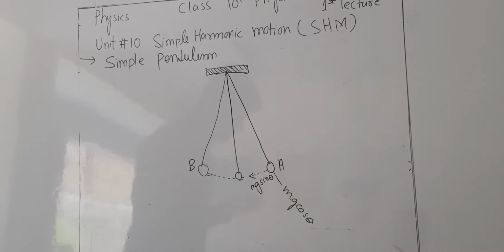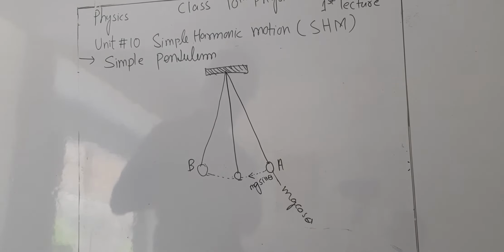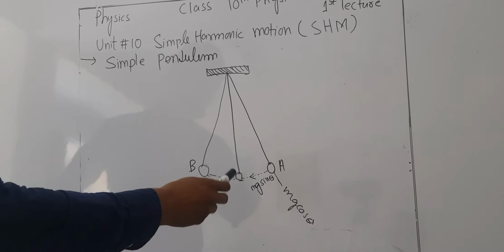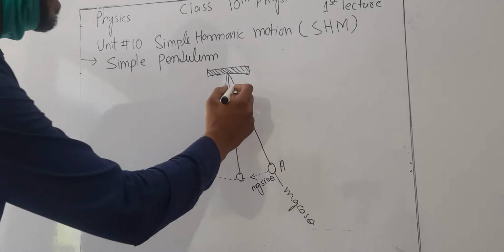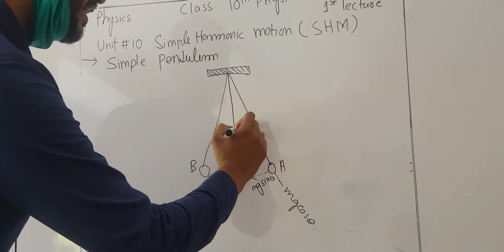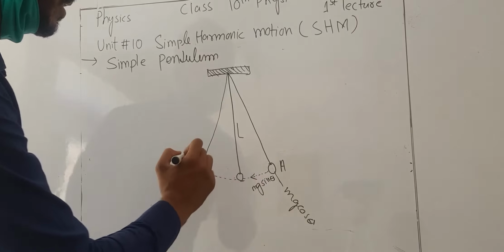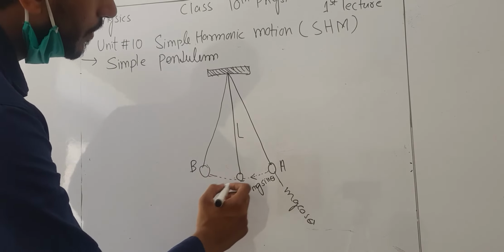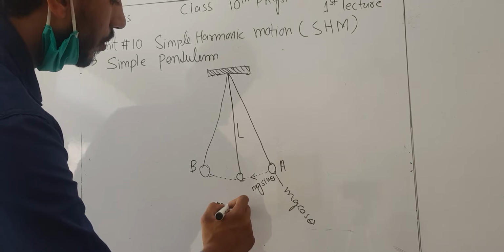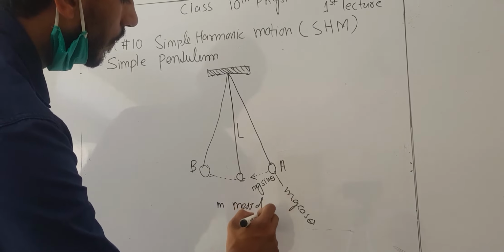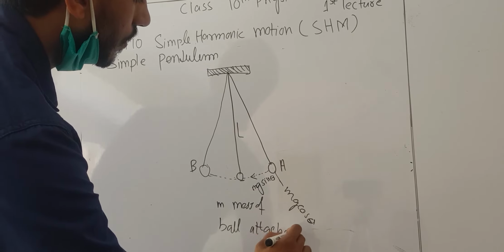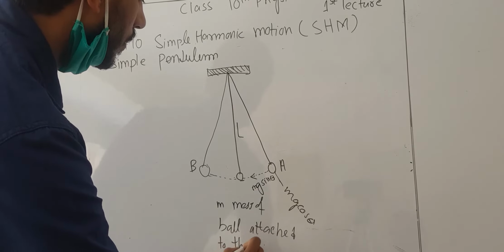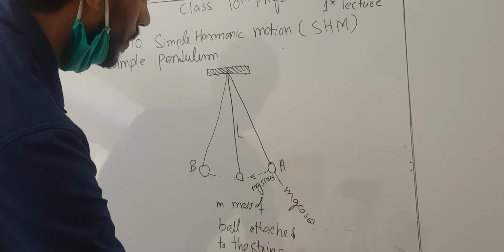In the simple pendulum we have a ball attached with a string, where L is the length of the string and m is the mass of the ball attached to the string.